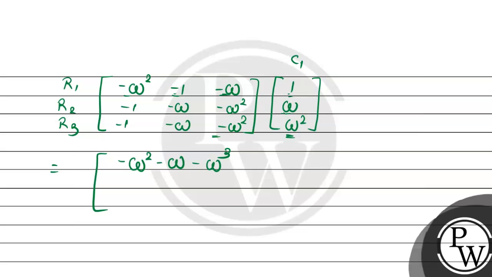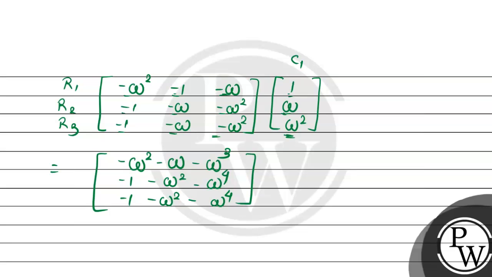Same way, minus 1 into 1, that is minus 1, minus omega into omega, that is minus omega square, minus omega square into omega, that is minus omega raised to 4. Last, minus 1 into 1, that is minus 1, minus omega into omega, that is minus omega square, and minus omega raised to 4.